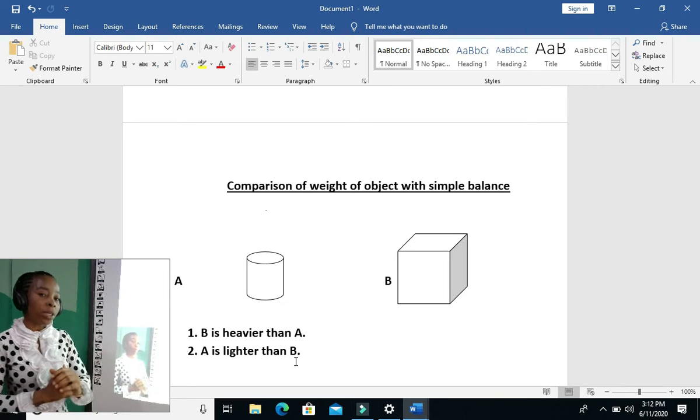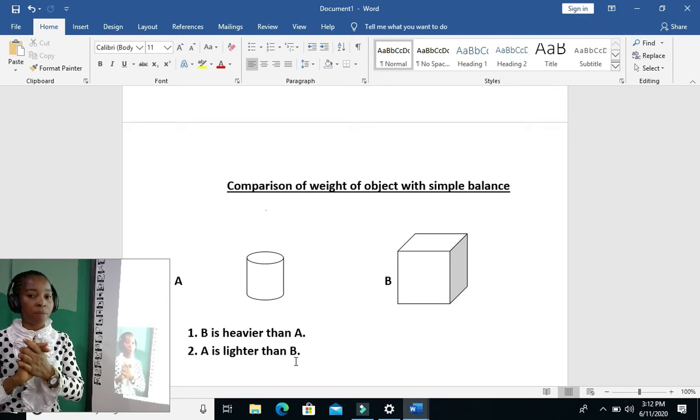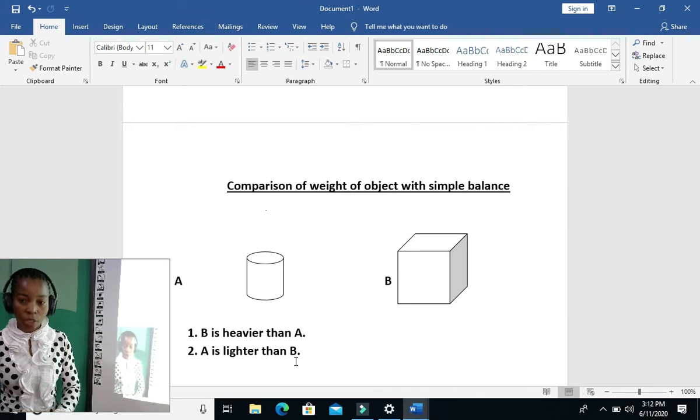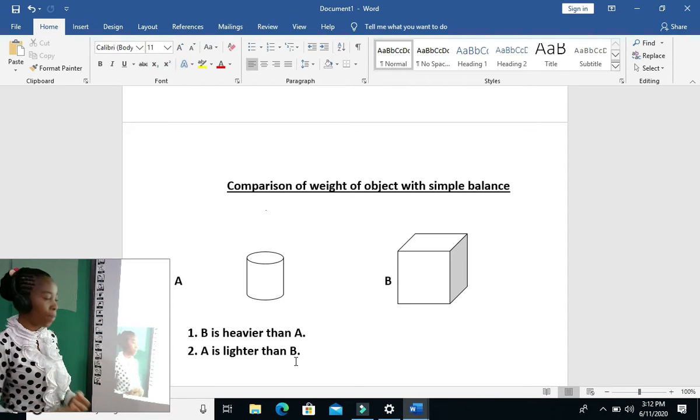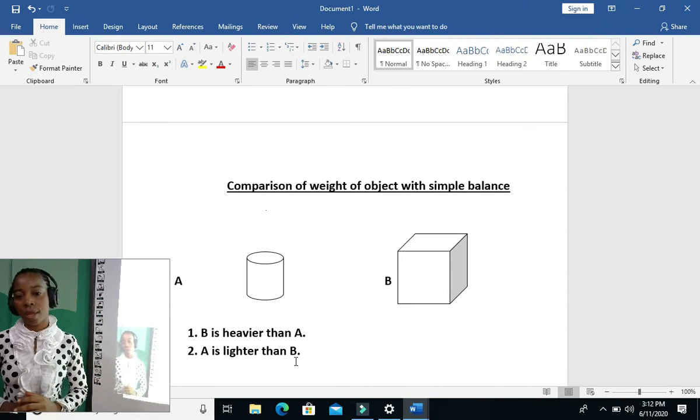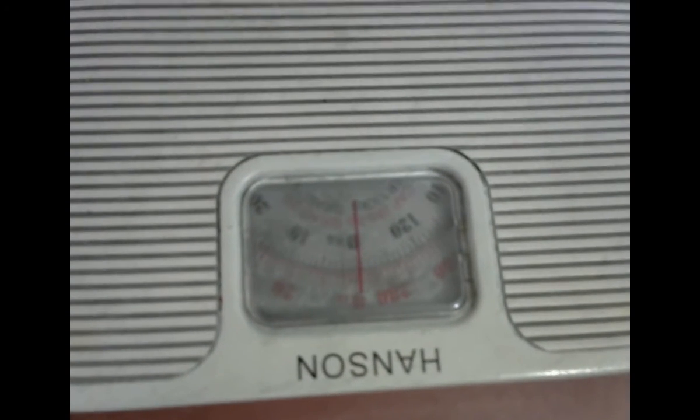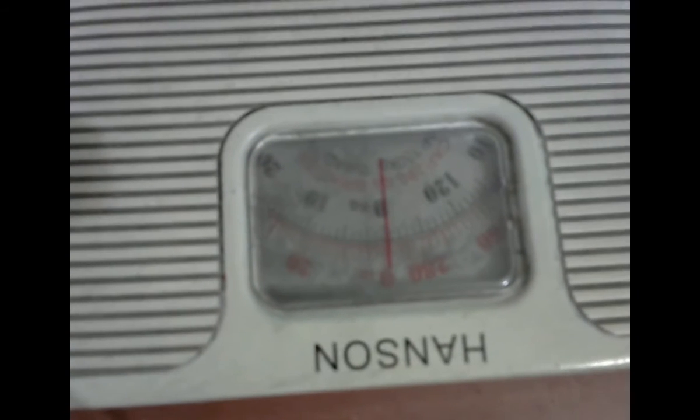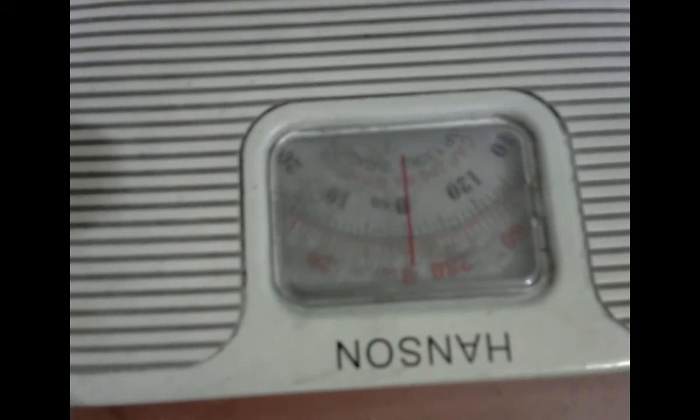Okay, we are going to pause there and do an experiment, a practical, on how to check the weight of a human being using the bathroom scale. All right, here we are in experiment flow. So this is a bathroom scale.